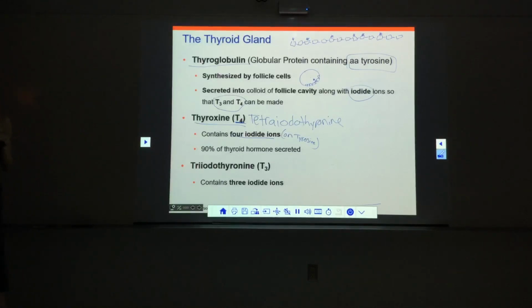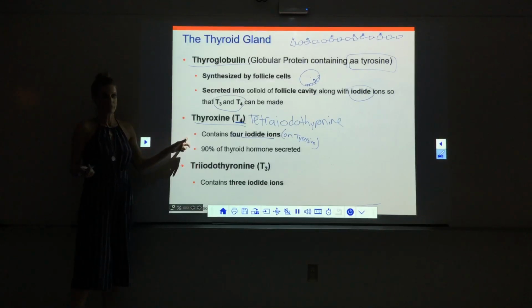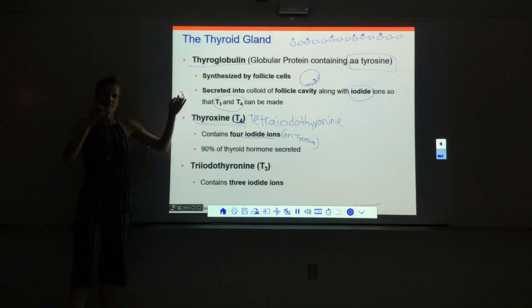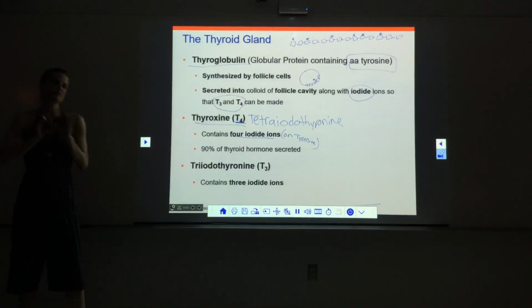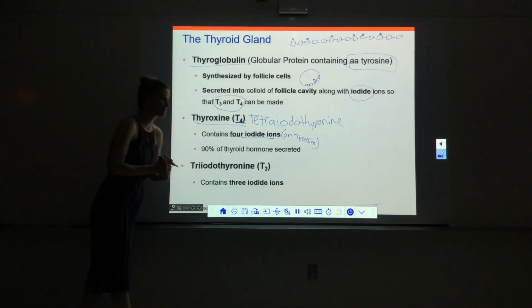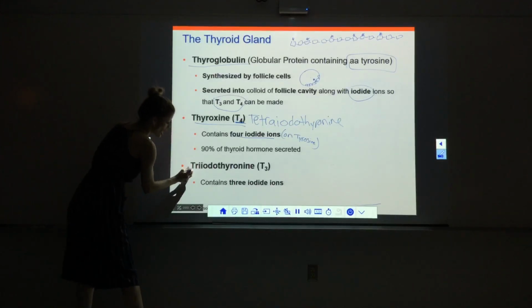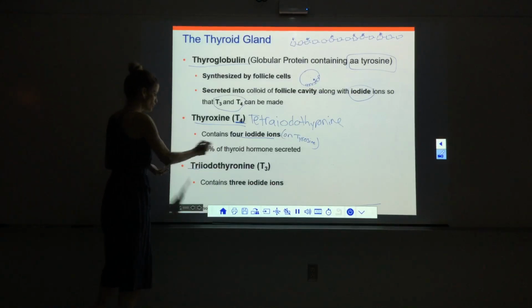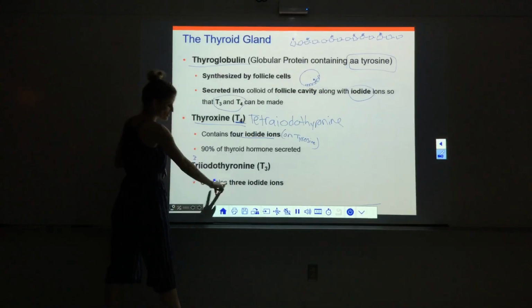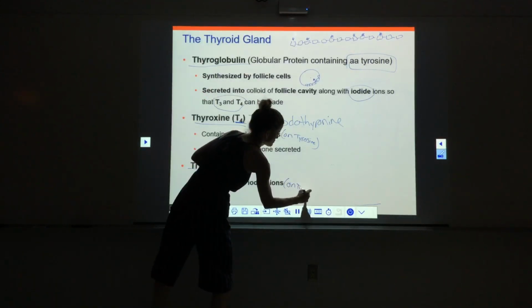The majority of the thyroid hormone that gets secreted from the thyroid gland is T4. The T4 can then be converted to T3 in the body, but as it's coming out of the thyroid gland, the majority of the thyroid hormone is going to be T4. T3 is triiodothyronine. Tri meaning what? 3. So that has 3 iodide ions on tyrosine.